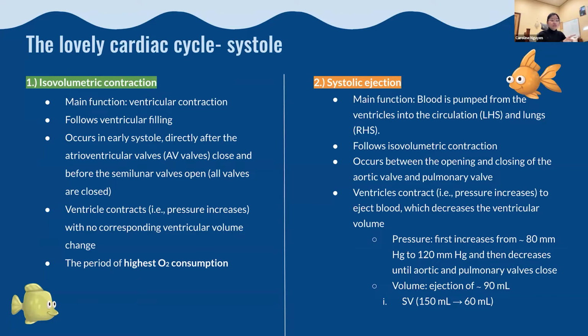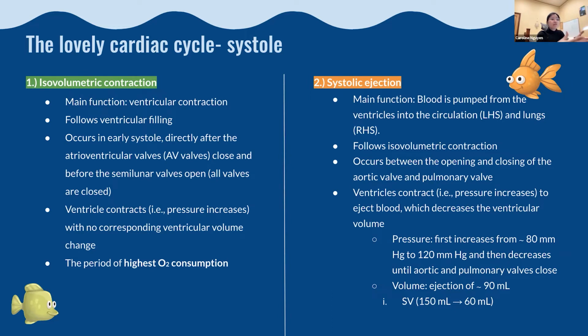So in isovolumetric contraction, the semilunar valves, the aorta, let's use the left-hand side of the heart, for example, the aortic valve hasn't opened yet. It opens because of the pressure of the blood going from the left ventricle into the aorta. It opens the aortic valve. So here the valves are open.